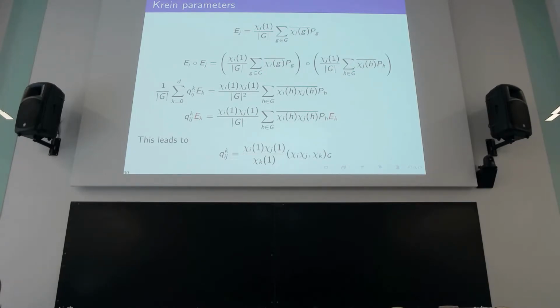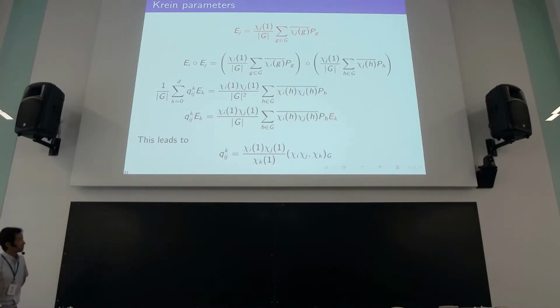Then, after certain simplification, you get this formula for Qijk written in terms of an inner product of three characters, Chi-I, Chi-J, and Chi-K. So this is the sum over all group elements H of the character values, because Chi-I, Chi-J appear here, and this Ek gives this Chi-K from upstairs, so you get this formula for Qijk.